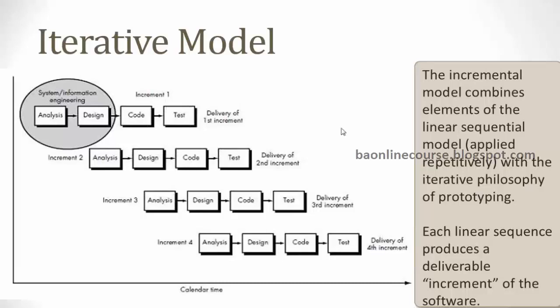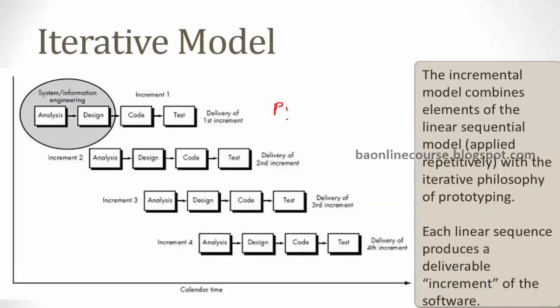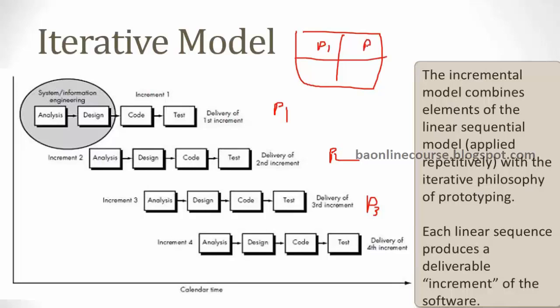So you're breaking down a project into smaller phases, like phase 1, phase 2, phase 3. Each one of these phases would have some functionality within it. If you have a scope, you are breaking it down into, let's say, four subdivisions: phase 1, 2, 3, and 4.